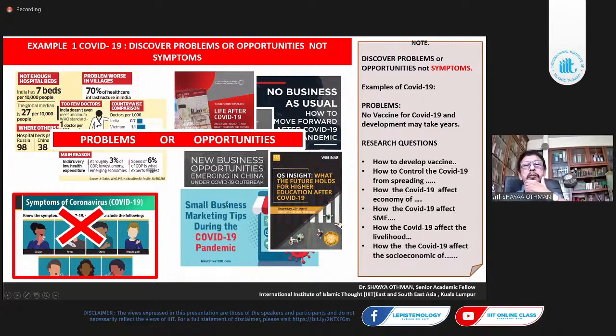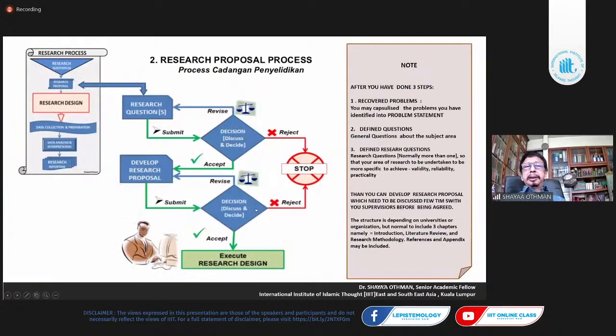And some small business tips come out during all this research. Just an example. Now you have to come up with your research proposal. Before coming with a research proposal, you have to determine your research question. Submit your research question, decide, and revise.